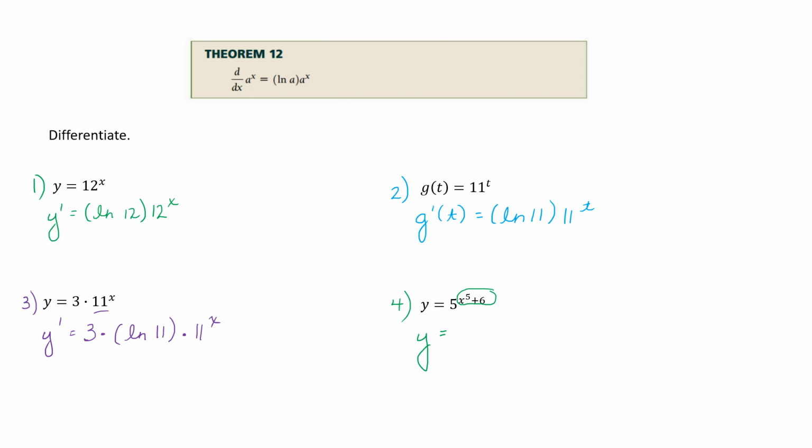So it's going to be the natural log of 5 times the 5 to the x to the 5th plus 6, and then times the derivative of that exponent.